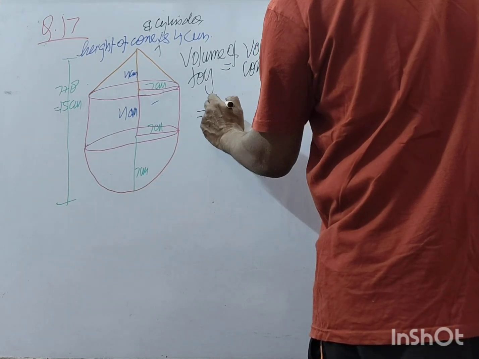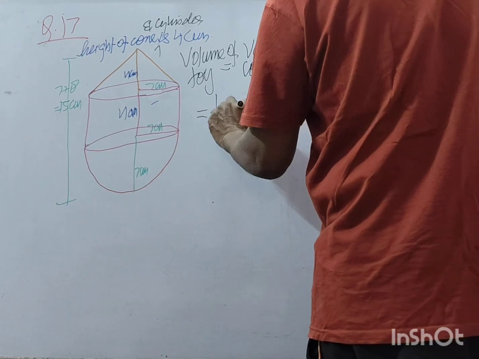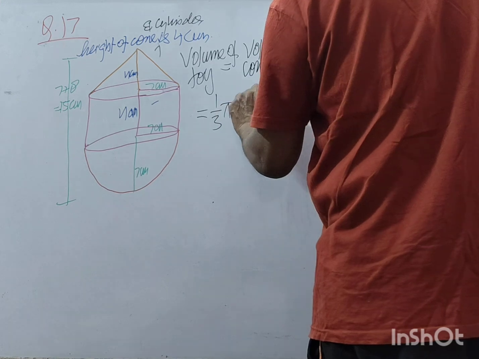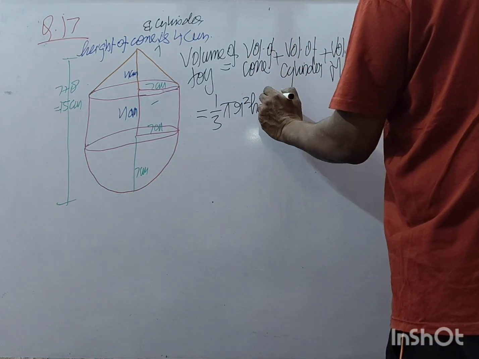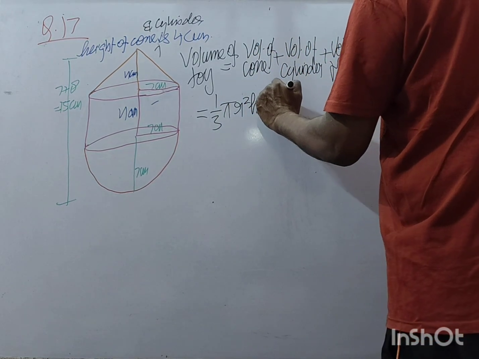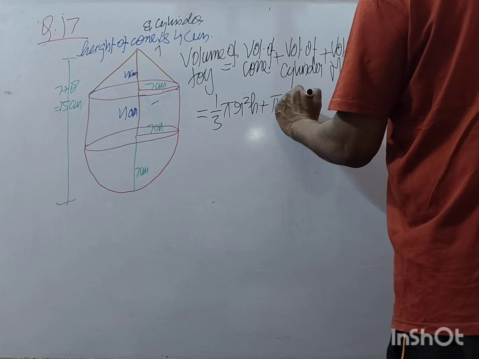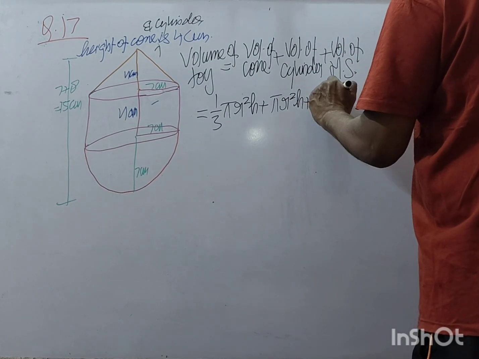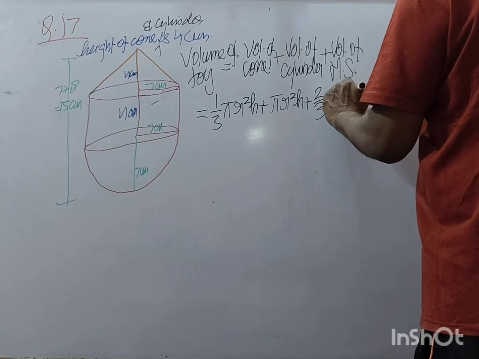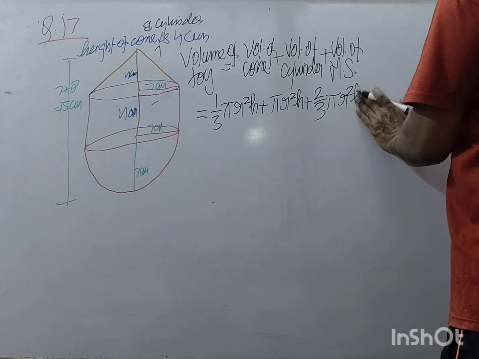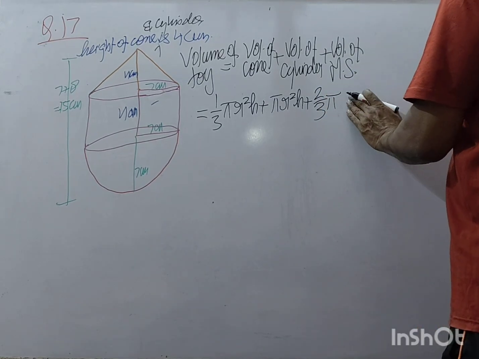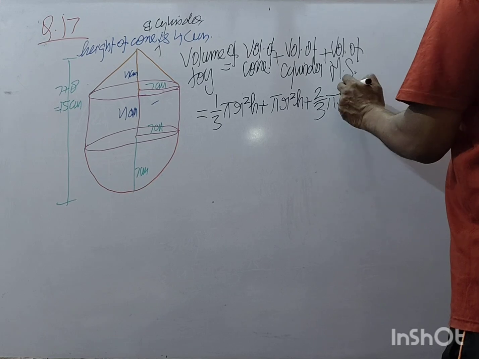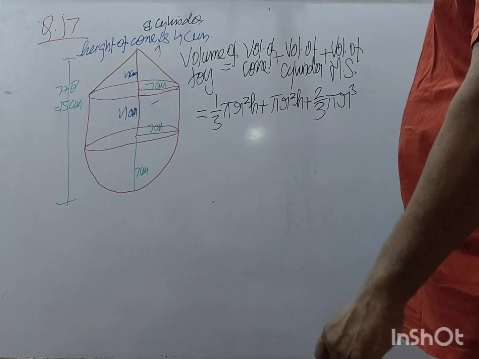So it is 1 upon 3 pi r square h plus pi r square h plus 2 by 3 pi r cube. Is it?